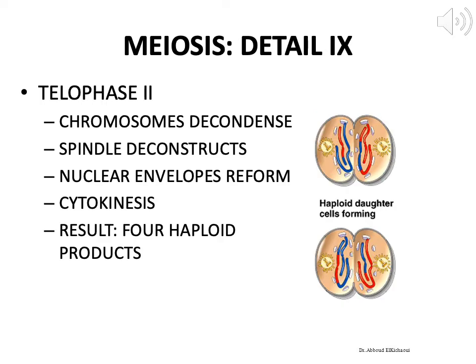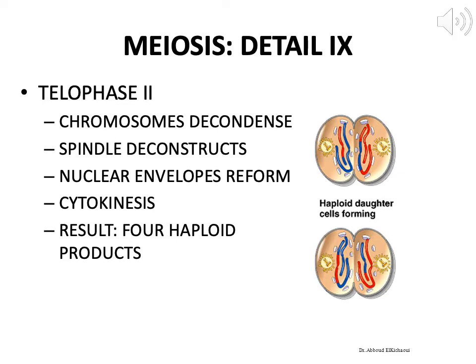Telophase 2, we are now finished with the process of meiosis. So telophase 2, we no longer need our chromosomes, so they will decondense. We no longer need the spindle. It will deconstruct. And now I've got 1, 2, 3, 4, count them, products. And every single one of those new products is a brand spanking new cell.